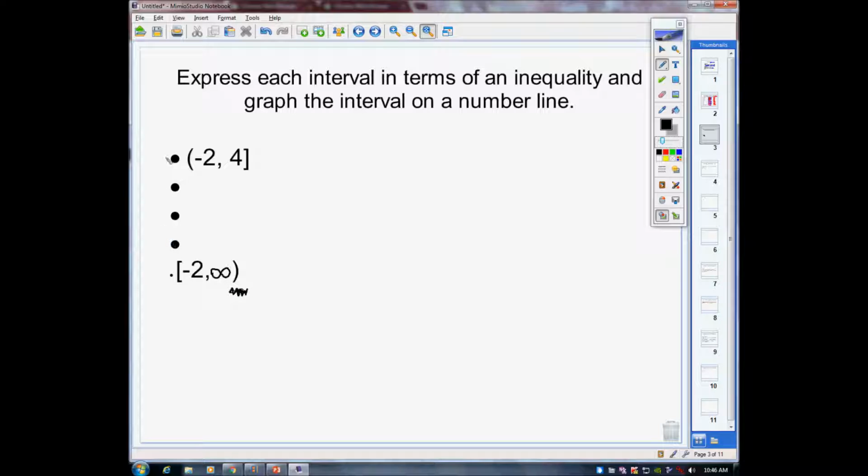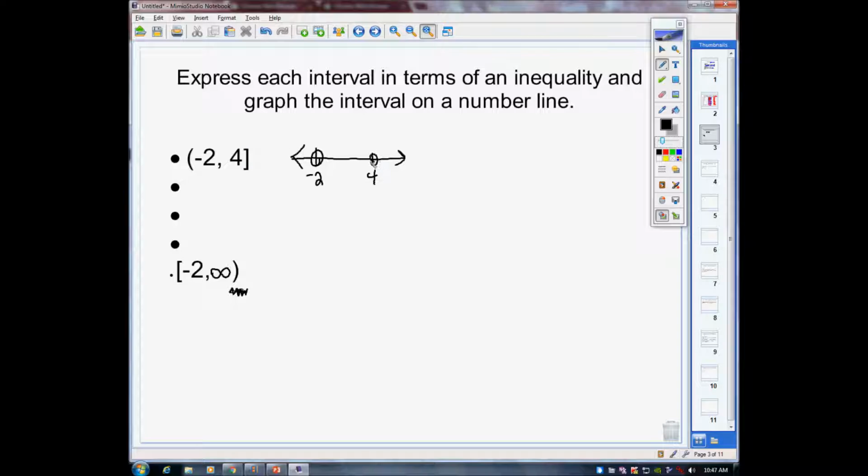It says graph each. Oh, we're basically graphing. We're going from interval notation to what the graph looks like, just so you have another direction to look at it from. So here's negative 2 and 4. Negative 2 would be an open circle because it's got a parenthesis, and 4 is a closed circle because it's got a bracket.